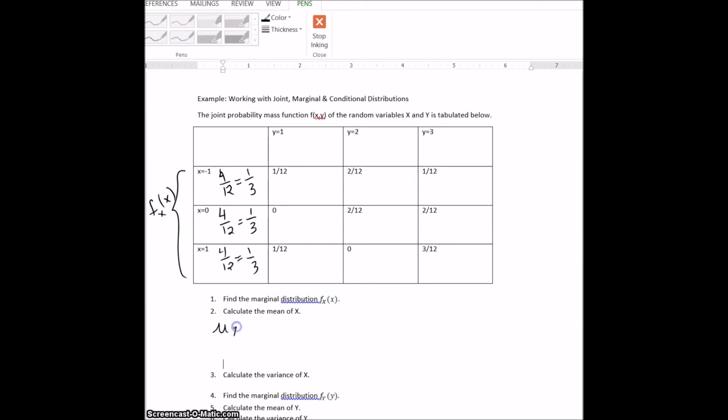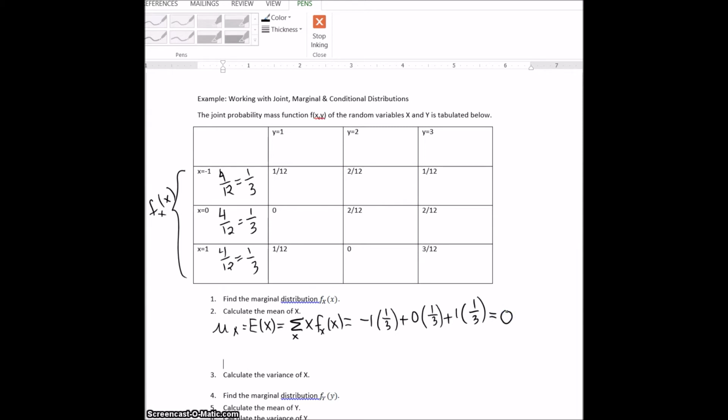So my mean of x, which is the same as my expected value of x, I can find by adding up over all the values of x, x times the marginal probability that x takes on that value. So for instance here, I can take -1 times 1/3 plus 0 times 1/3 plus 1 times 1/3, and I can see that the mean of x is actually 0.